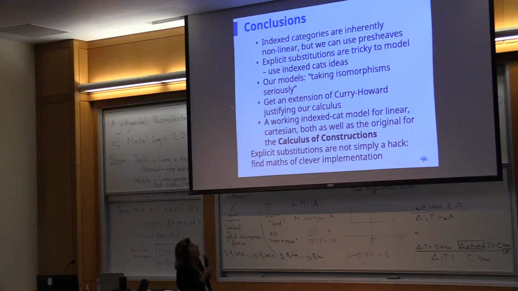So what I'm saying is that indexed categories are inherently nonlinear, but we can use splits. The split substitutions are tricky to model because, as I was saying, we don't want them to appear in the final model. We want exactly what we're discussing, this idea that once you act on the substitutions, once you apply them, they disappear and you end up in a calculus that's just the simply typed lambda calculus and just a Cartesian closed category.